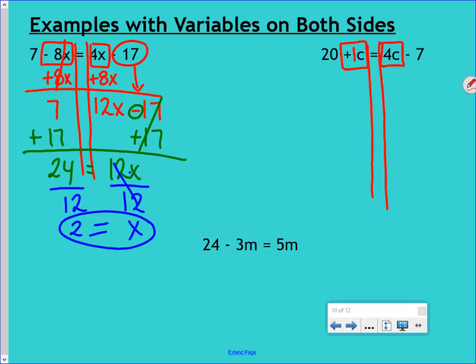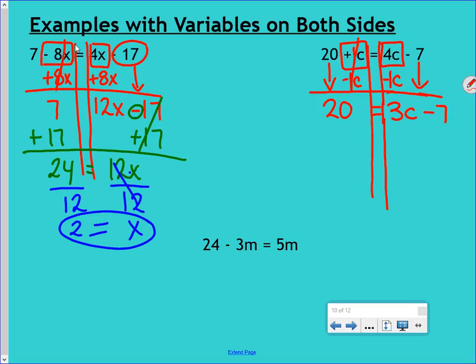I'm going to move the 1c to join the 4c, so we're going to minus 1c minus 1c. 1c minus 1c is 0, so we're left with 20 equals 4c minus 1c is 3c. And we bring down the minus 7.